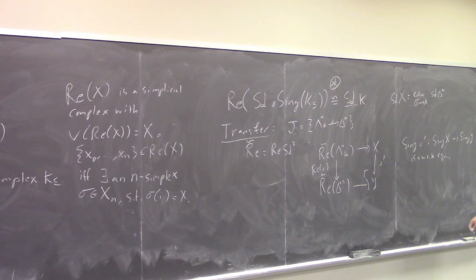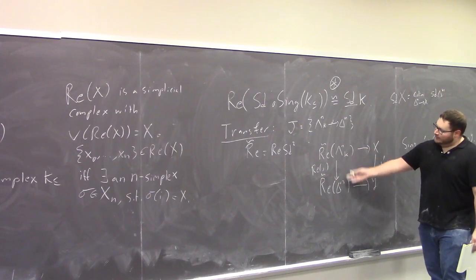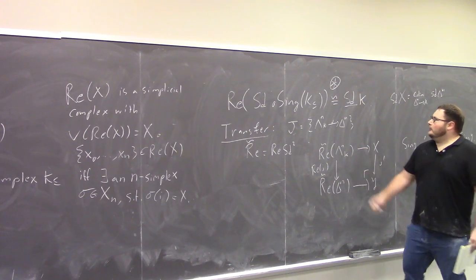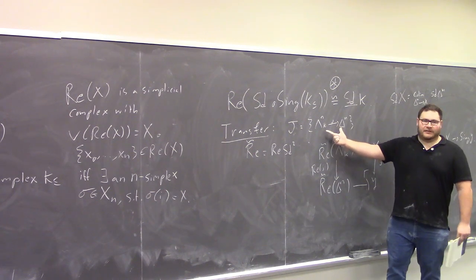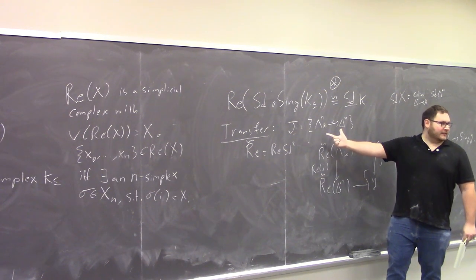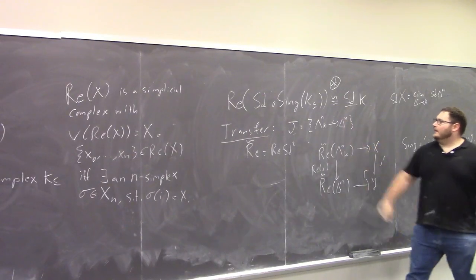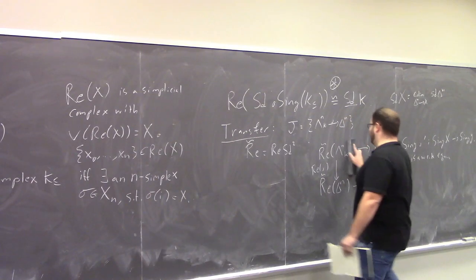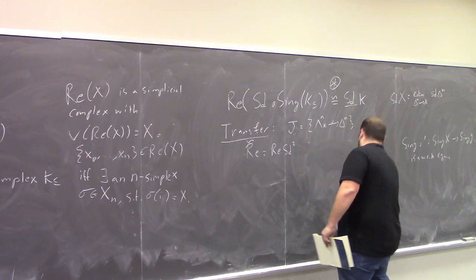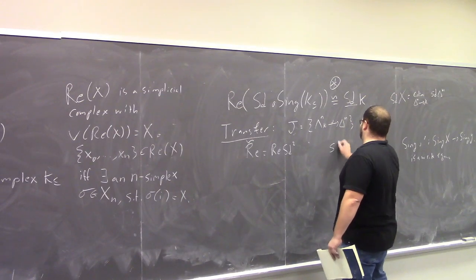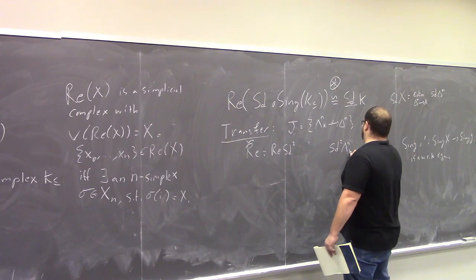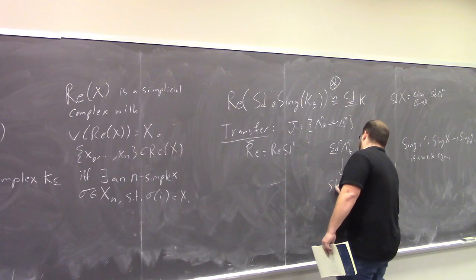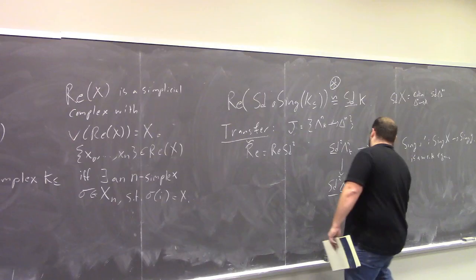This is the heart of the argument. So what actually happens here, I apply this thing to this. Both of these can be thought of as ordered simplicial complexes. I use this, and it turns out to just be, as a simplicial complex, that.